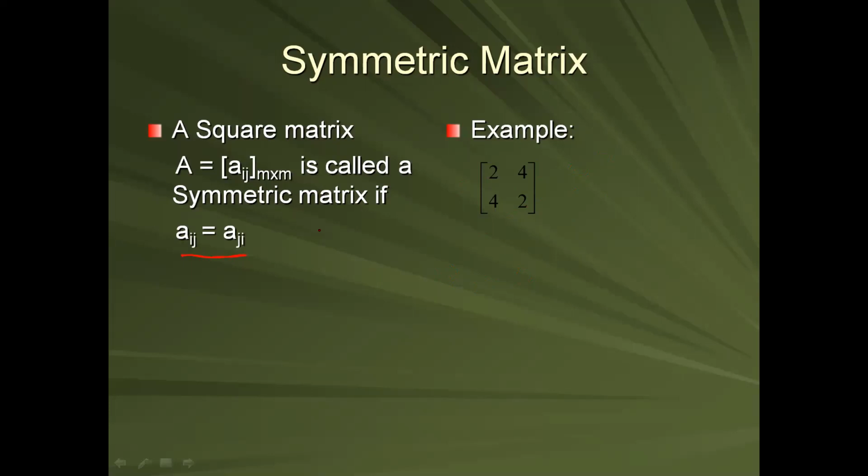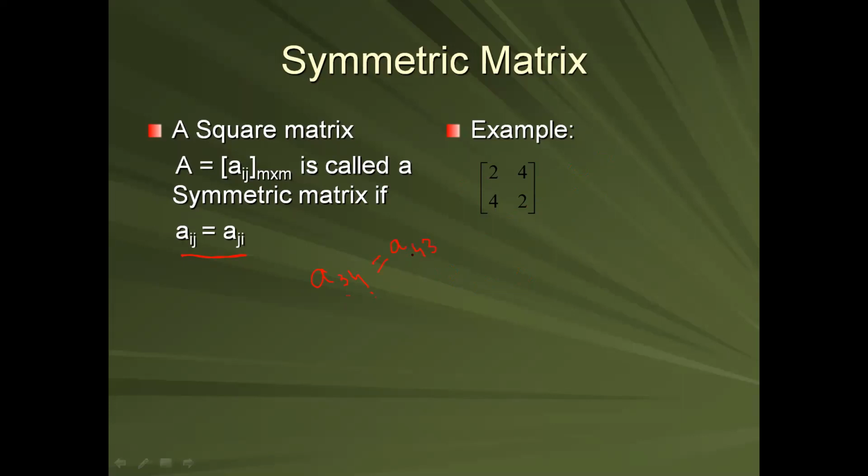Aij means what? I is the number of the row and J is the number of the column. For example, A34 means third row, fourth column. So the element in the third row, fourth column should be the same as the element in the fourth row, third column.